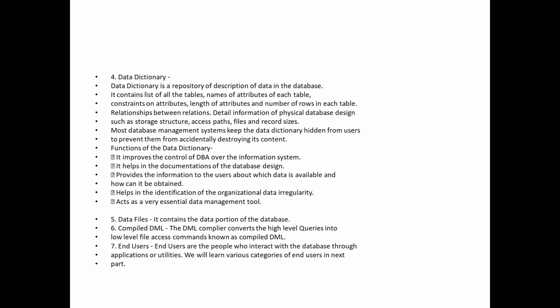So account holder information could be one table, his bank account details could be another table, his transactions, transfer of data from one account to another account, could be another table. So the list of all those tables, its names, its attributes, constraints on it, the relationships between these tables, everything is nothing but a data dictionary.